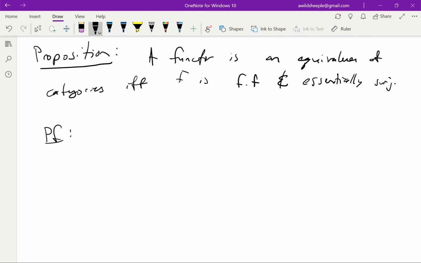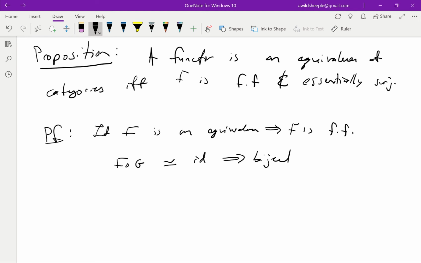So if f is an equivalence of categories, it follows immediately from the definitions that f is full and faithful. Maybe I should write this down. If f is an equivalence, this implies f is fully faithful. And the way you see this is we know that f composed with g is naturally isomorphic to the identity. And so that natural isomorphism gives us the requisite bijection on Homs that it takes to be fully faithful. And then we need to see that f is essentially surjective, but this is clear.